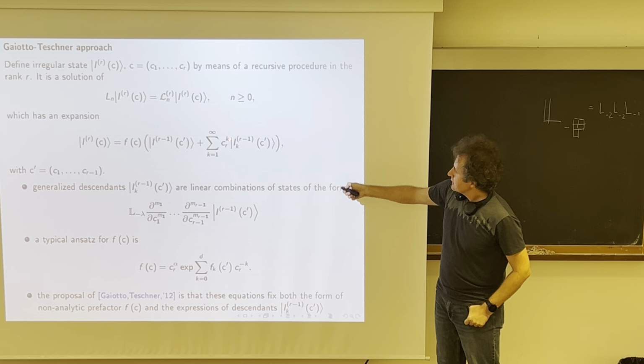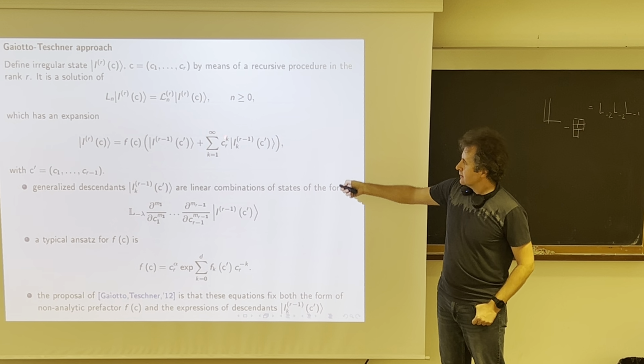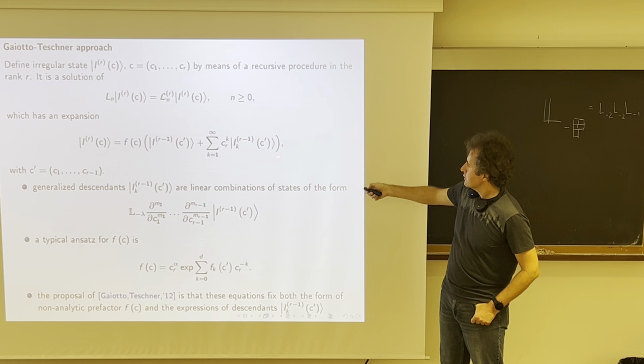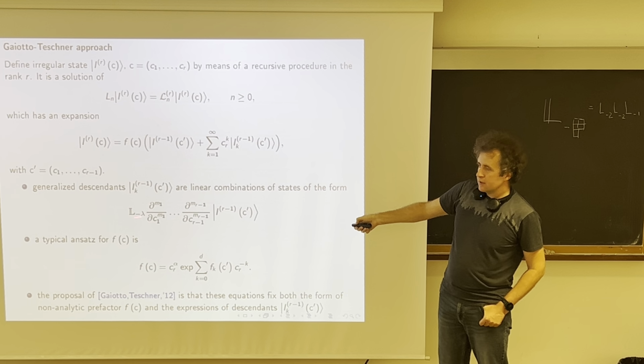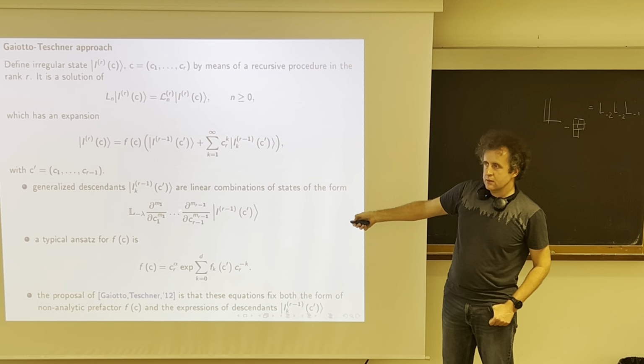And so this generalized descendants that you have over here, this is like the Whittaker state of rank R-1. Here you have generalized descendants where you have similarly these Virasoro generators, so monomials parameterized by partitions, but you also have derivatives in all of the C's.